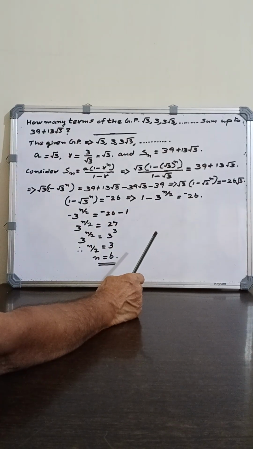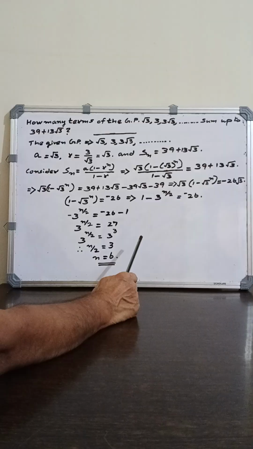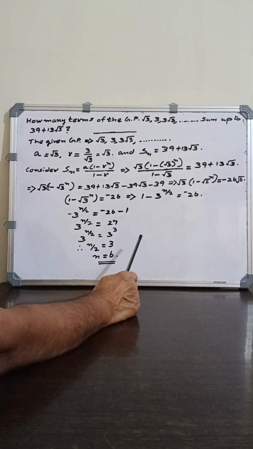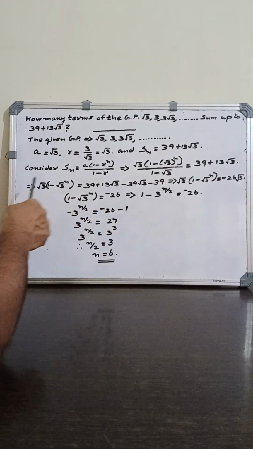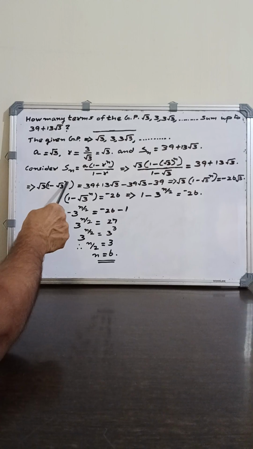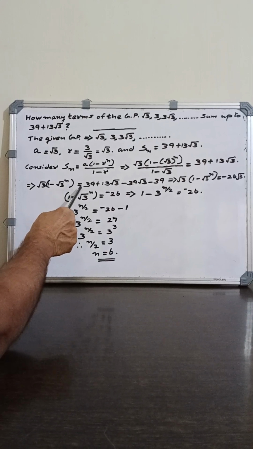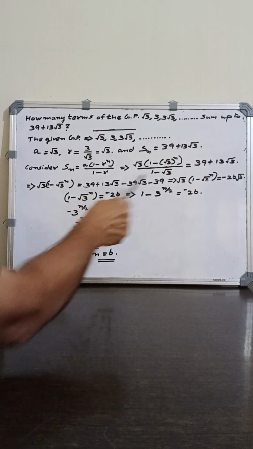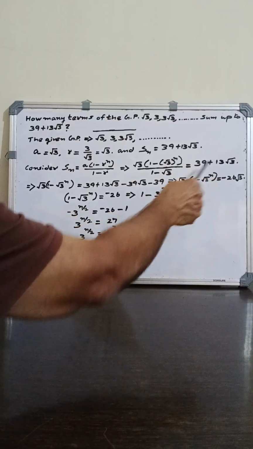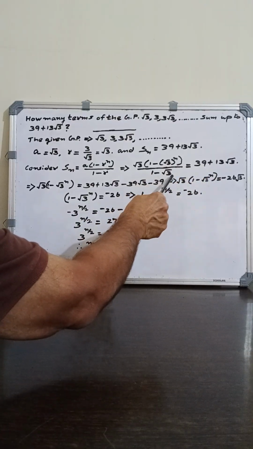Let us see how we can do it. From here, root 3 into 1 minus root 3, the whole raised to n, equals 39 plus 13 root 3 into 1 minus root 3.